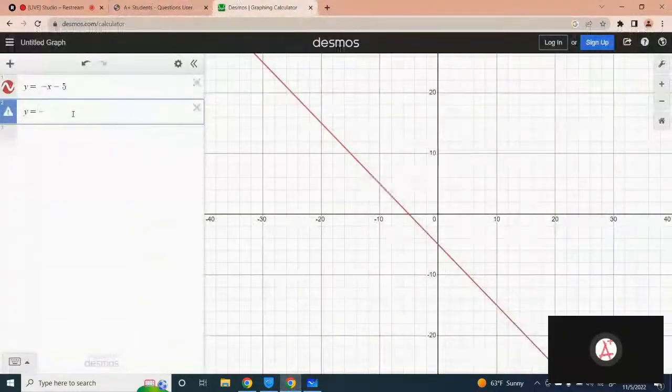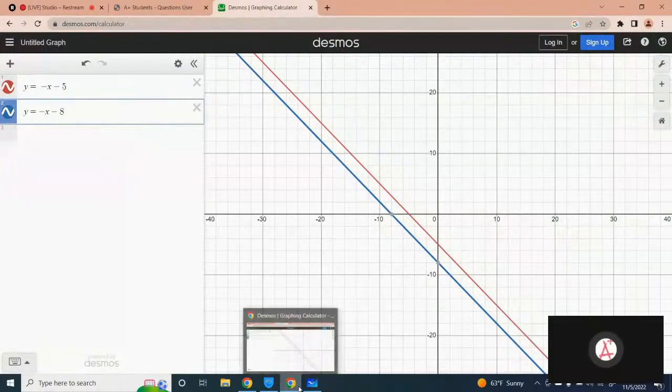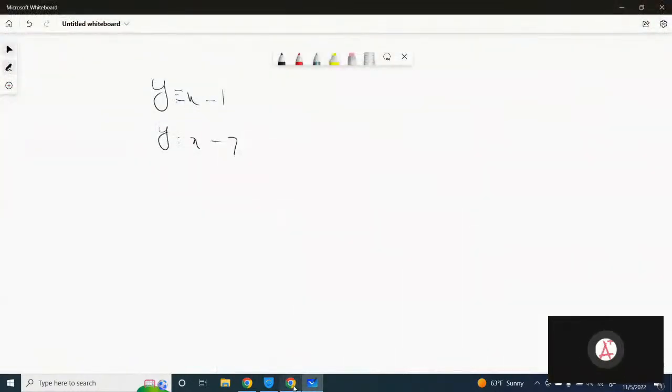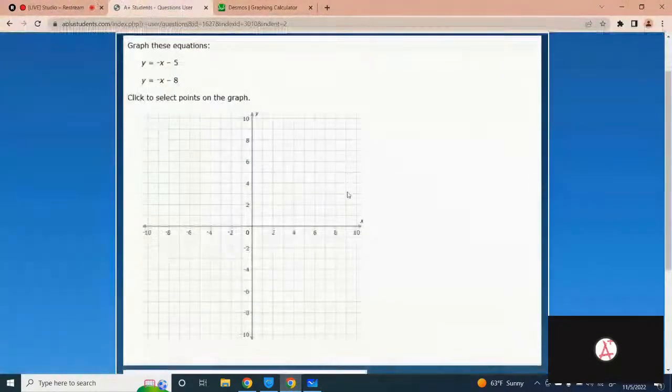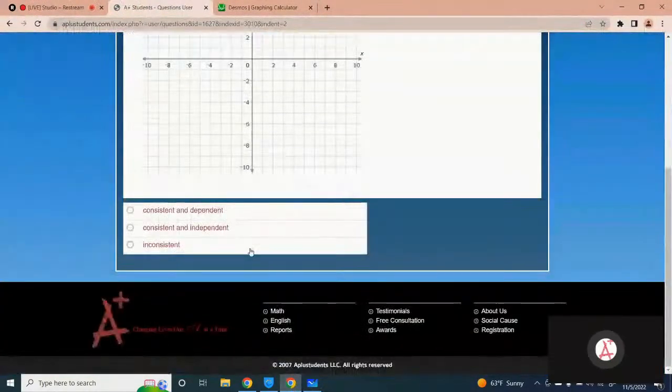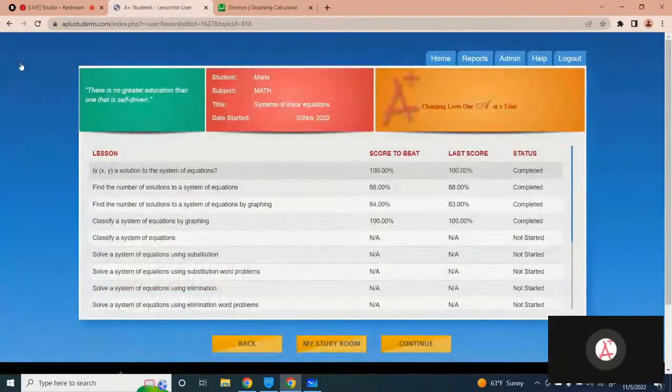Okay, again both the lines are parallel, so the system is inconsistent. Got it? So just select the correct option, then click on the OK button. They are parallel, so they are inconsistent and have no solution. Got it? Okay, you can complete the test by yourself later today. I'm just moving on to the next topic.